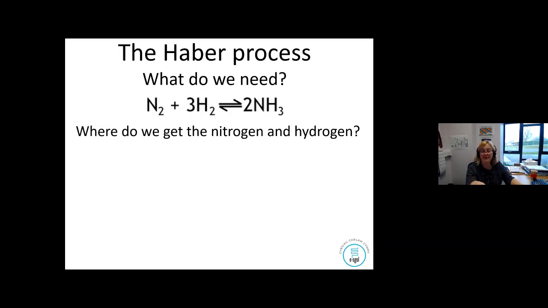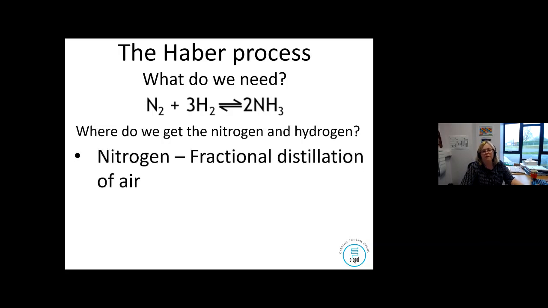That's separated in exactly the same fashion, which is by fractional distillation. So you get them to evaporate and condense at different temperatures based on the fact that they've got different boiling points. So nitrogen's source is the air, and it is recovered from the air by fractional distillation. That is a fact you need to know.